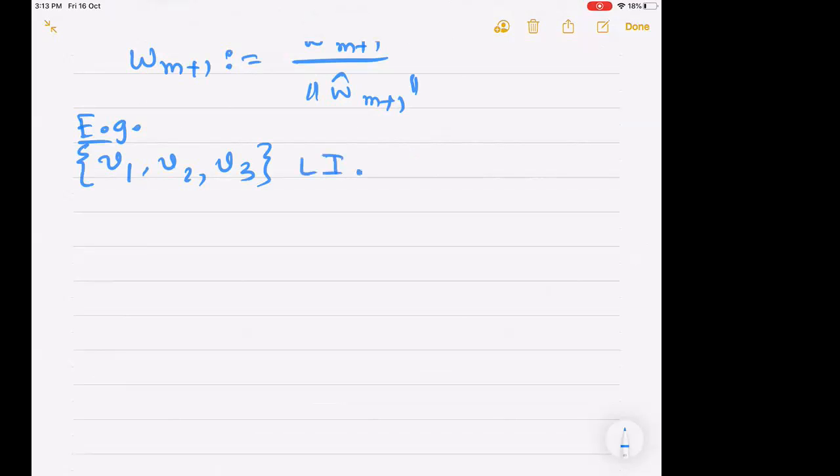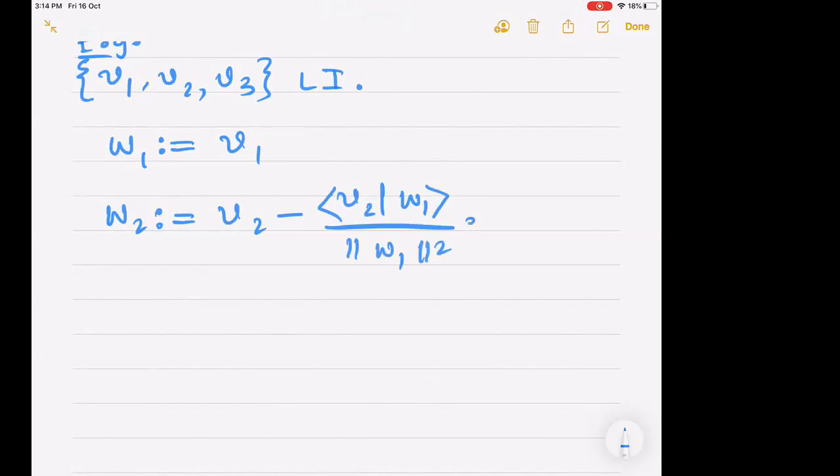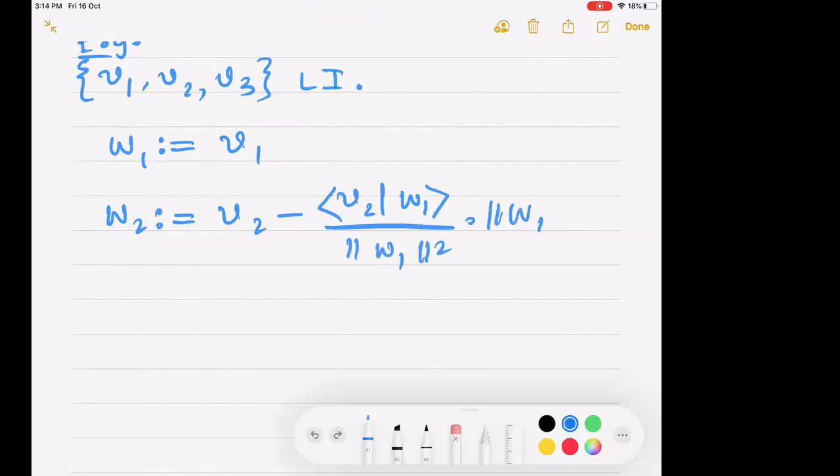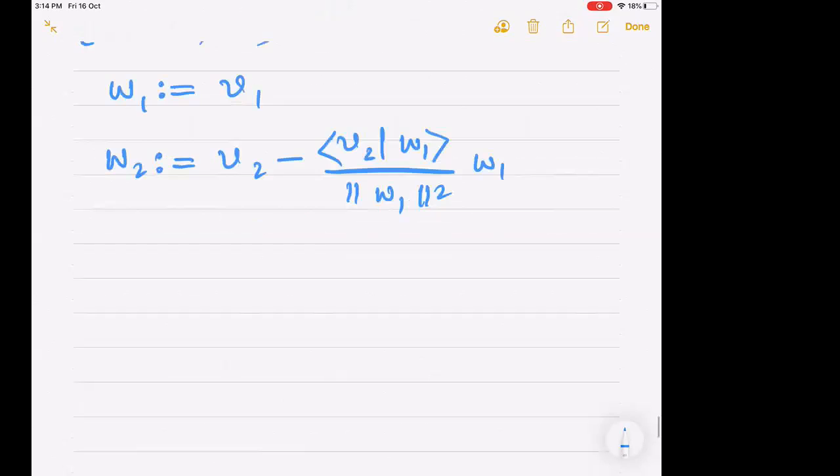How do I proceed? I define w1 as v1, w2 as v2 minus the inner product of v2 and w1 over the norm of w1 squared, times w1. This is w2.